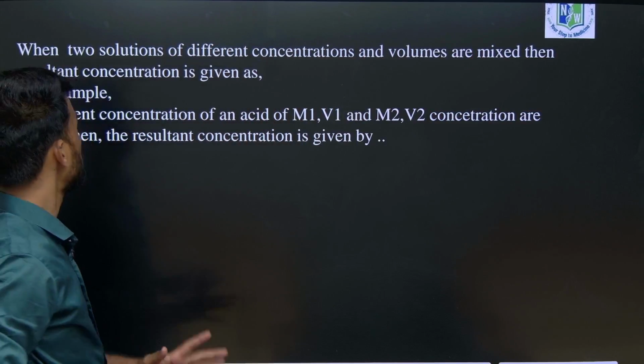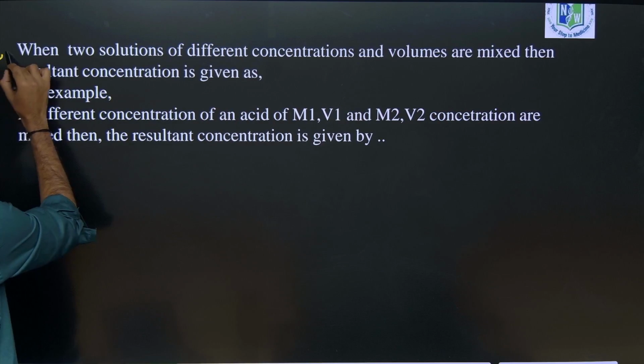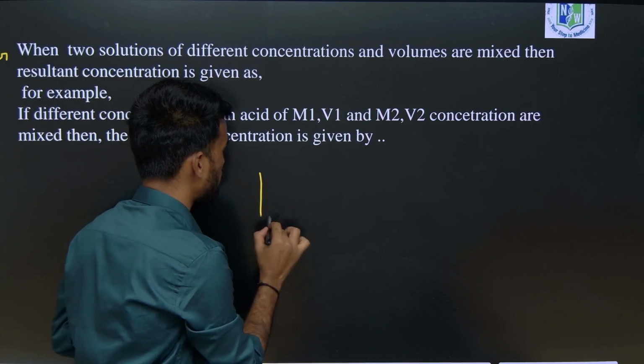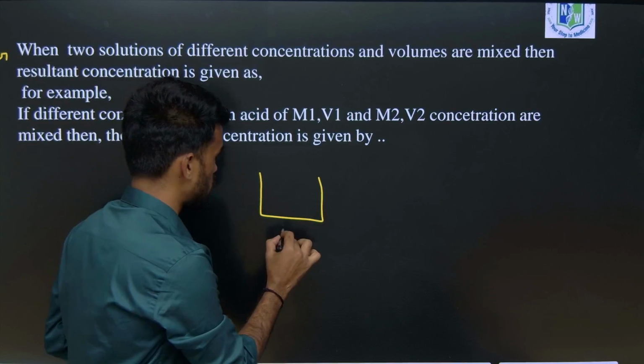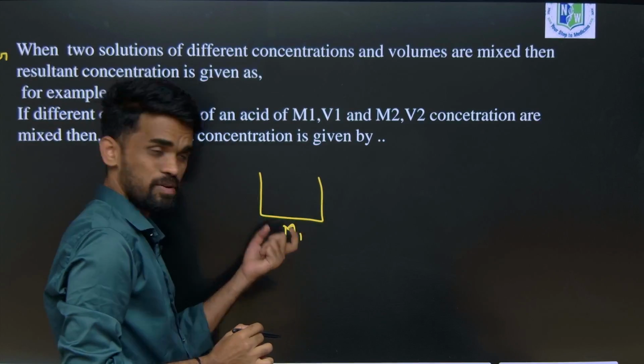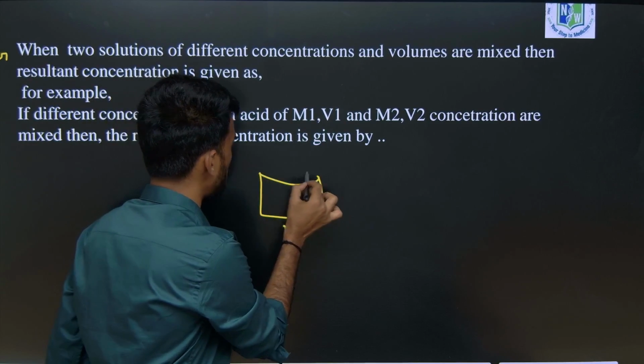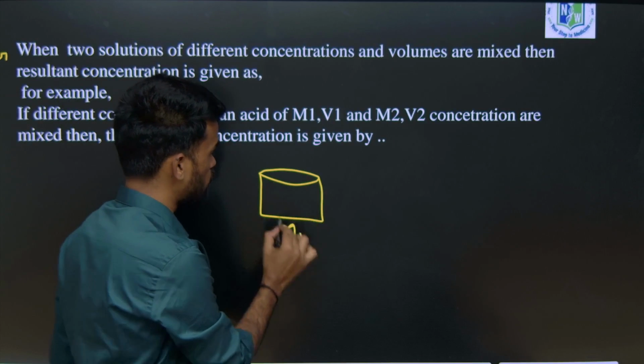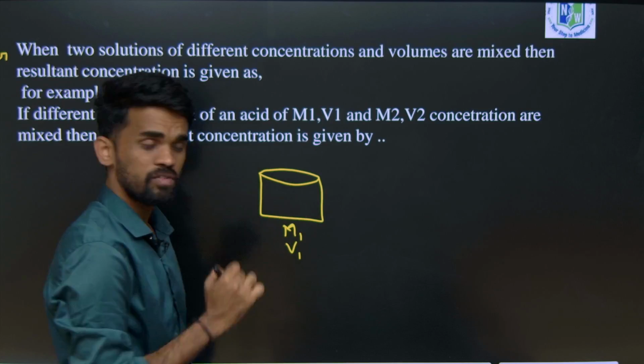Okay. So here in this topic, just see what we are discussing. When two solutions are mixed, for example, I have a solution with concentration M1. I have a beaker, and let us say I have an acid in this beaker with concentration M1 and volume V1.